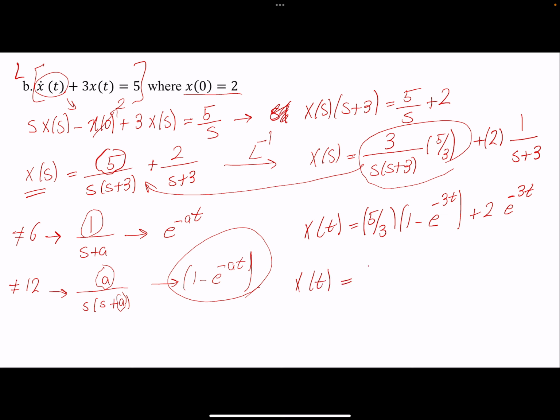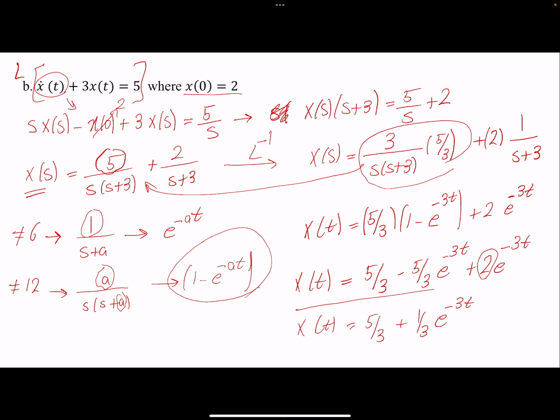It would be 5 over 3 minus 5 over 3 e to the minus 3t plus 2 e to the minus 3t. So x(t), this 5/3 stays here, and then I have 2, which is 6/3 minus 5/3, so it would be 1/3 e to the minus 3t. So I solved my differential equation using Laplace transform, rearrange, Laplace inverse.